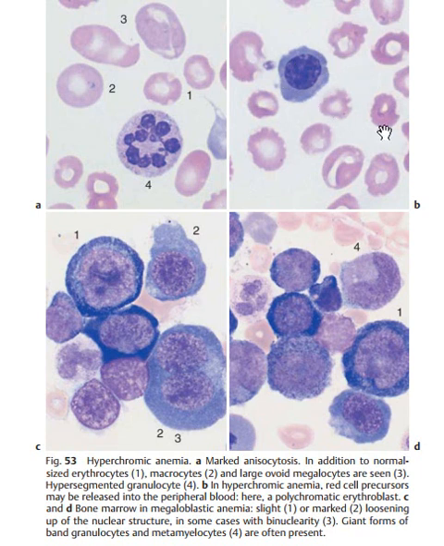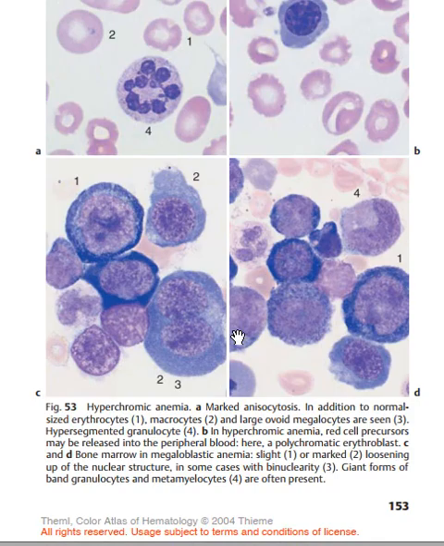Here we have polychromatic erythroblasts. You can also visualize polychromatic erythroblasts at this level. Diagrams C and D are at the level of the bone marrow, where you see a megaloblastic anemia in the bone marrow. Diagram 1 is going to be slight, and in diagram 2 you have marked loosening of the nuclear structure.